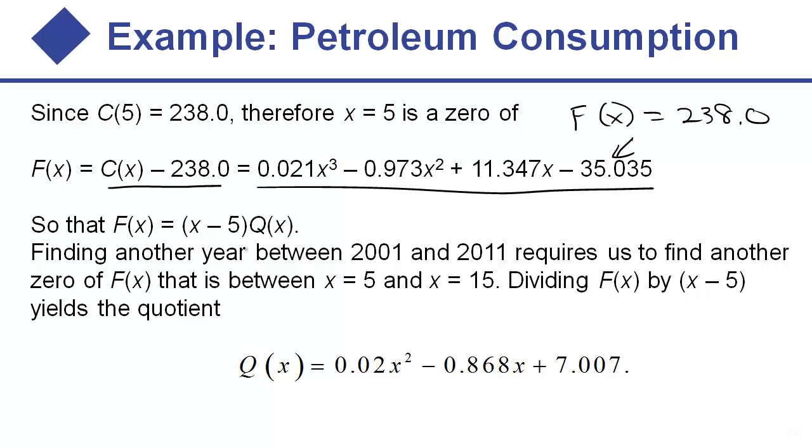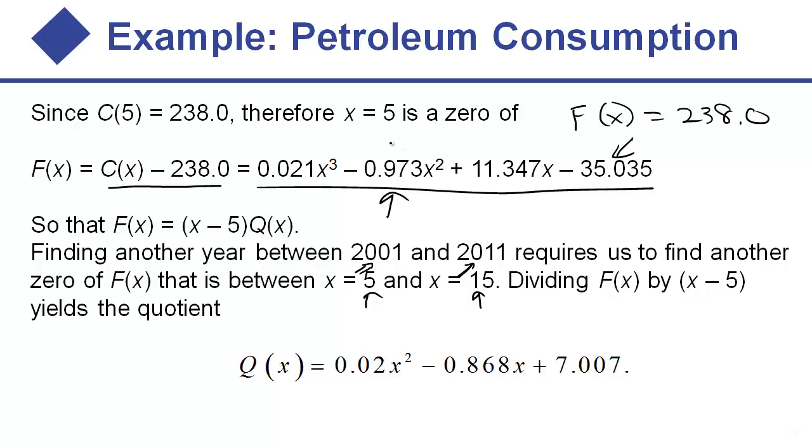All right, so to find another year between 2001 and 2011 just requires us to find another 0 of this new polynomial that's between 5 and 15. Now, why is it between 5 and 15? Because x equals 5 is 2001, and x equals 15 is 2011.